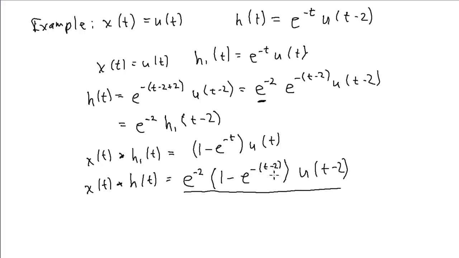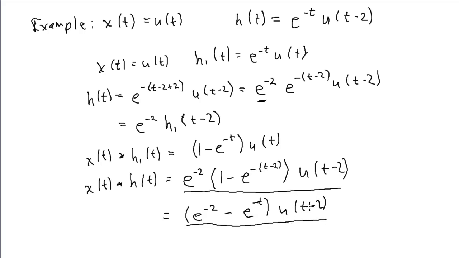Okay, I can actually multiply this e to the minus 2 through to write that a little more simply as e to the minus 2 times (1 minus e to the minus (t minus 2)) u of (t minus 2).